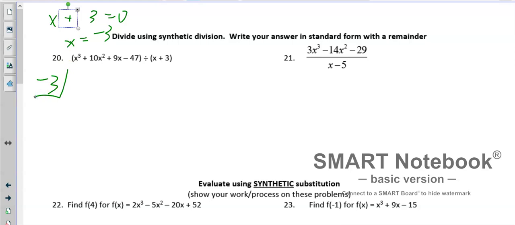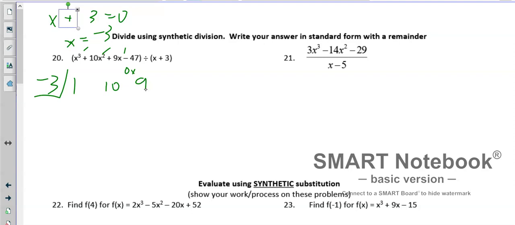Now remember, my lead exponent is 3. So I look for a 3, a 2, a 1. I don't have an x, so I really have 0x there, and then I have my constant. So when I'm doing my coefficients, it's 1 for the x cubed, 10 for the x squared, 9 for the x.